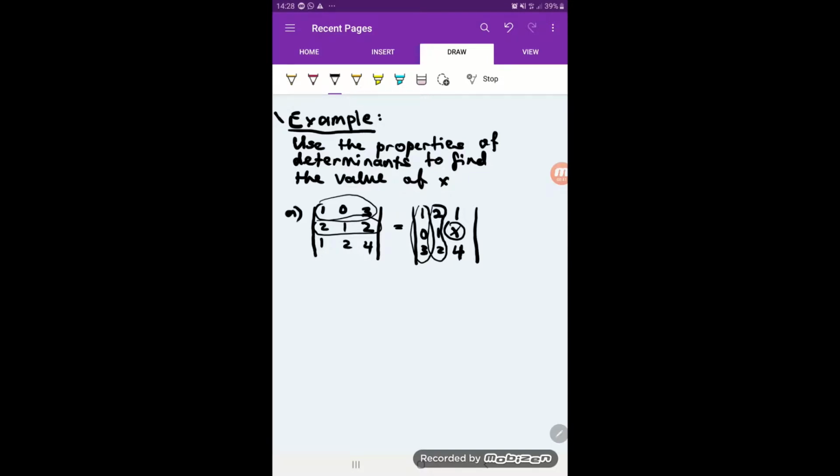So, you can conclude the third row is changed to the third column. This means the property you should use here is determinant of A is equal to determinant of A transpose. You can conclude the value of x is equal to.